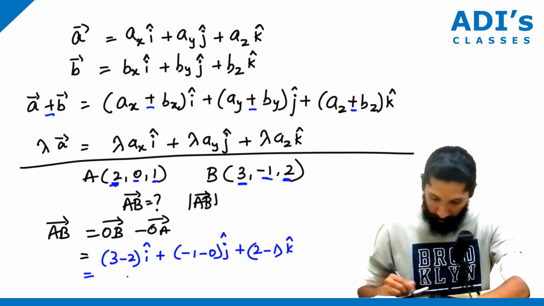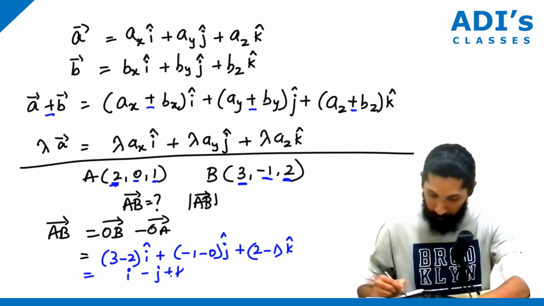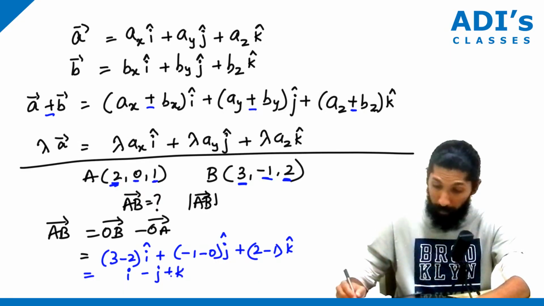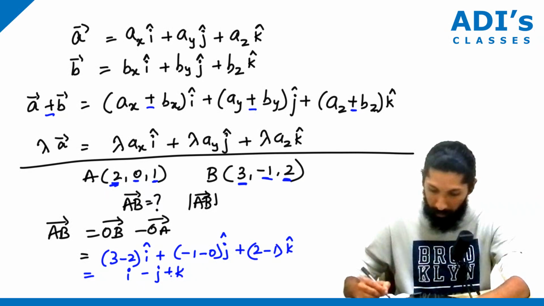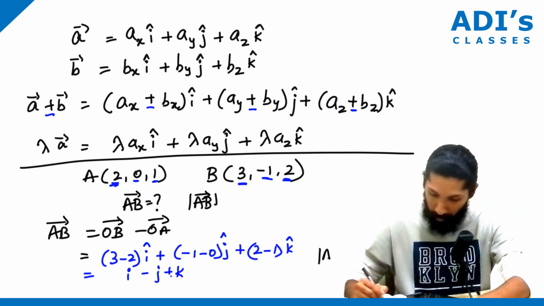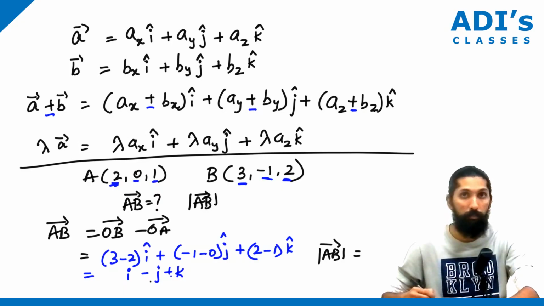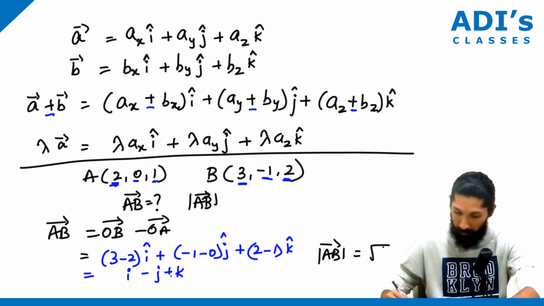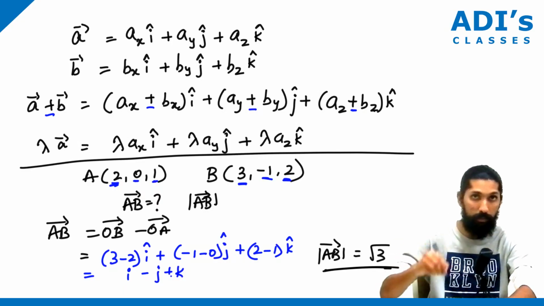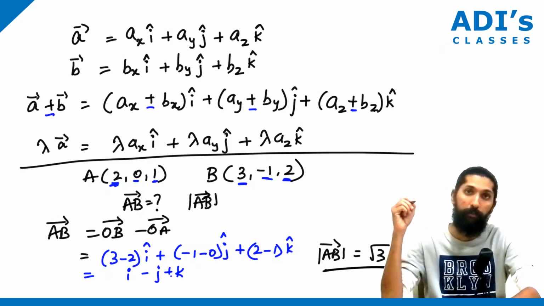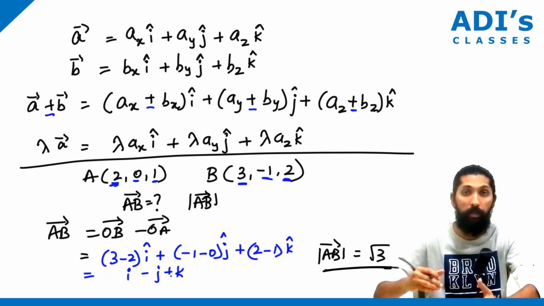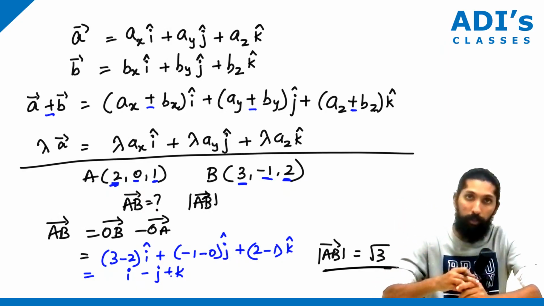So what do we get? i minus j plus k. So what is mod of AB now? Mod AB becomes root of 1 square plus 1 square plus 1 square, which is root 3. See, this is how we find the distance as well as the vector. This is what we mean by distance between the 2 points.